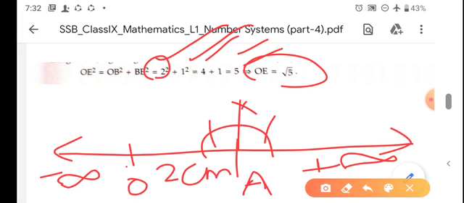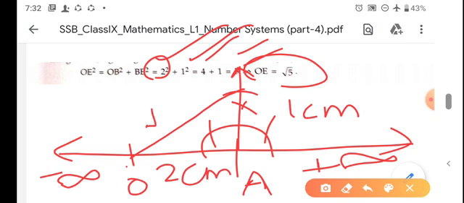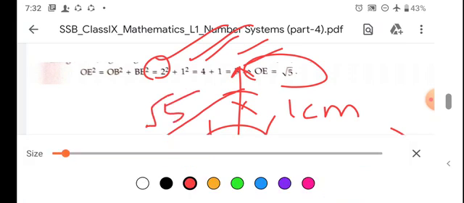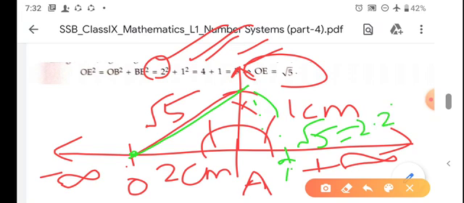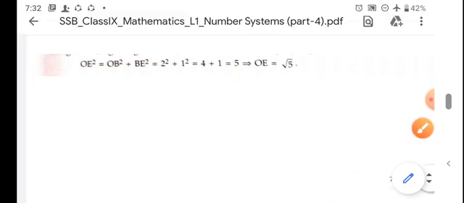Now we draw an angle of 90 degrees and cut 1 centimeter. This is your hypotenuse and this is root 5. With O as the center and the distance root 5, we mark root 5 on the number line. Root 5's value is 2.236, so you will get it between 2 and 3. In this way you can prepare your diagrams.